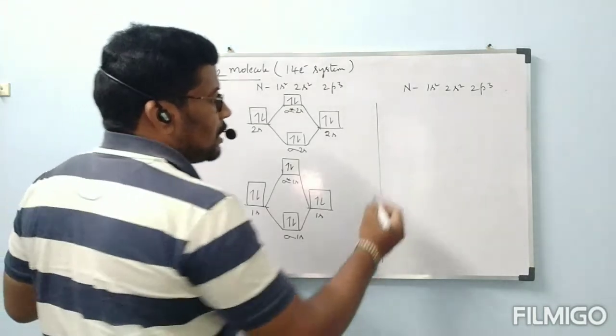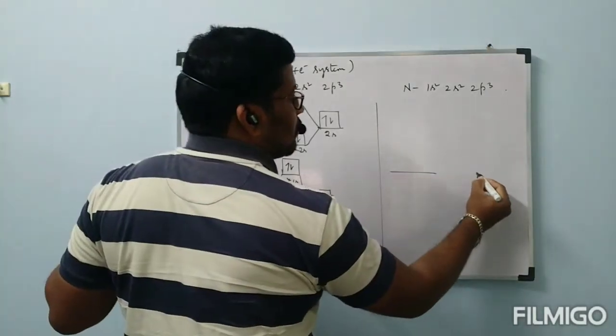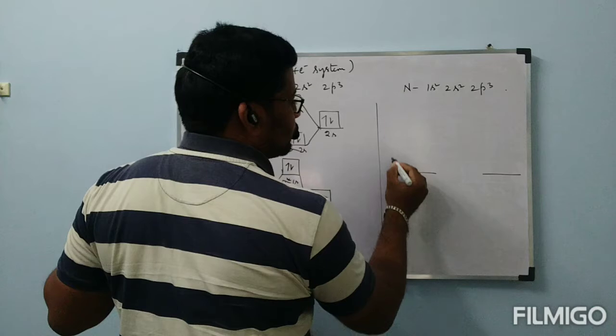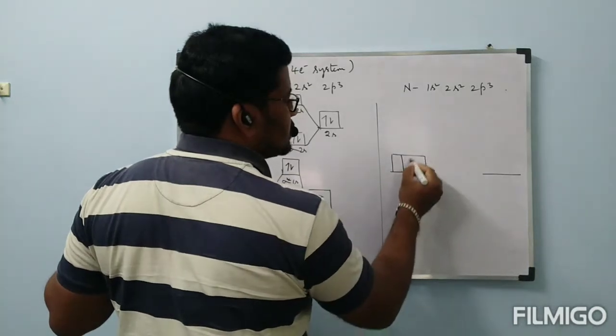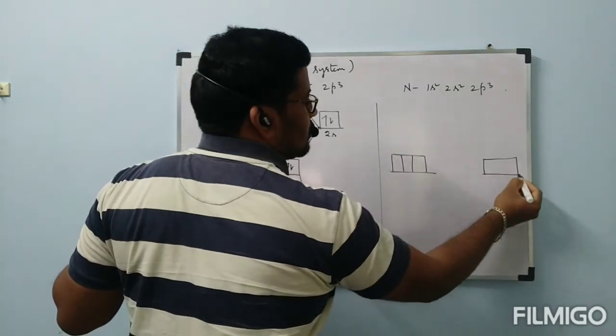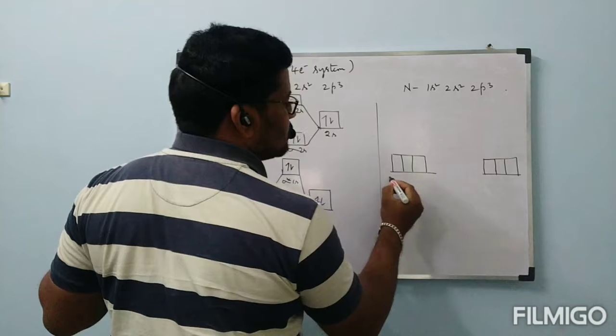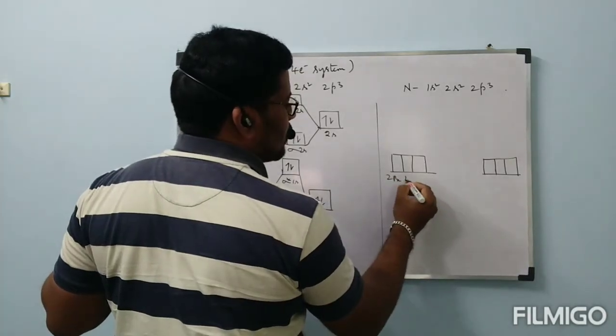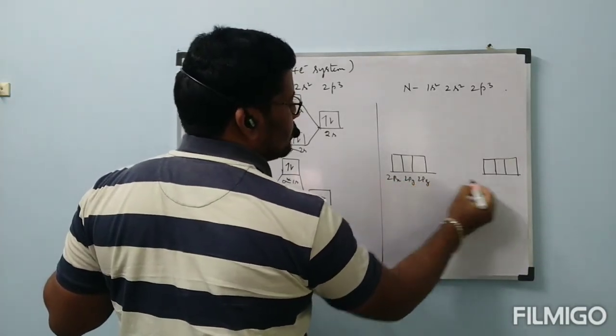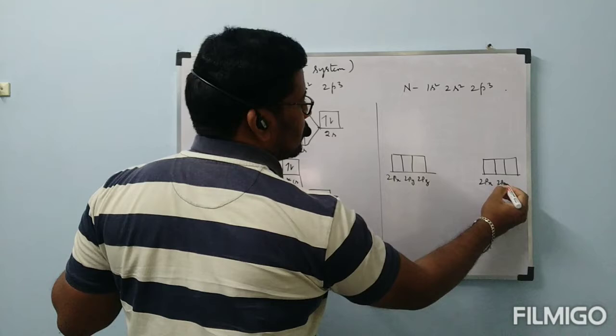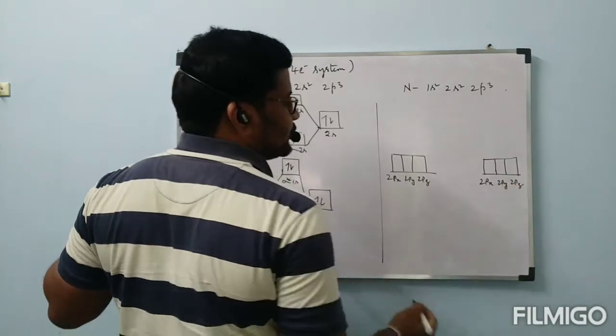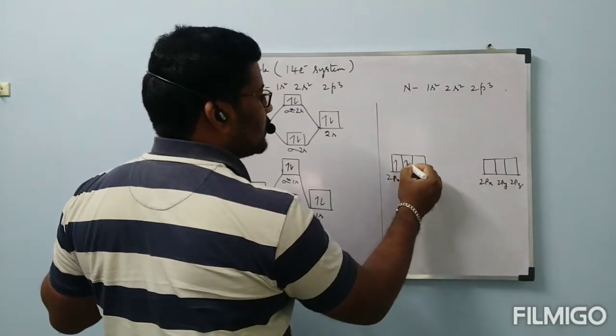Okay, now 2p contains 3 orbitals: 2px, 2py, 2pz, same way, 1 electron each.